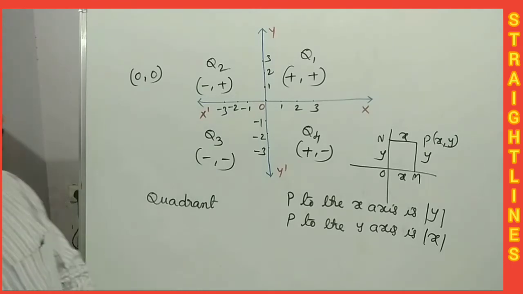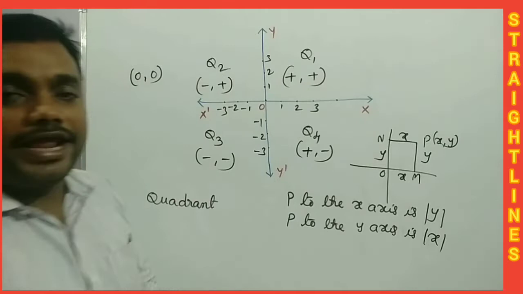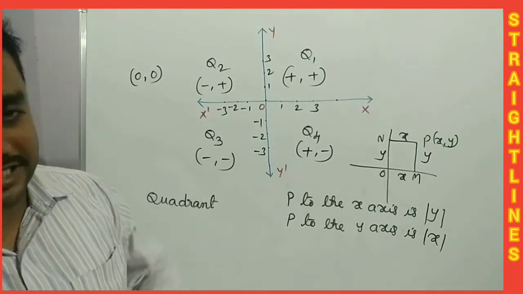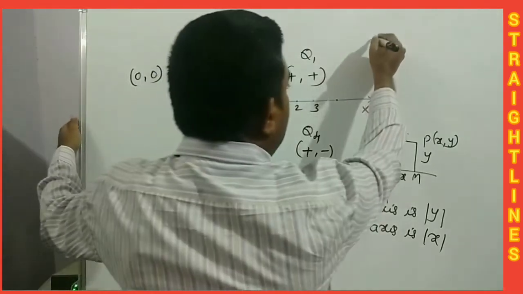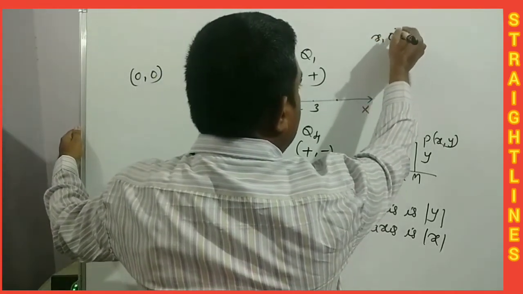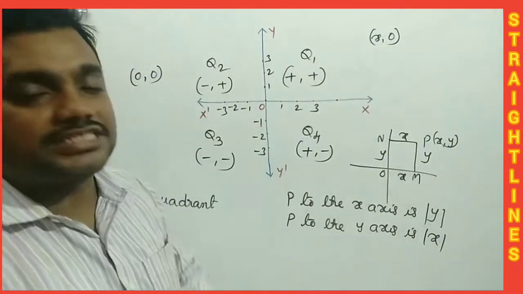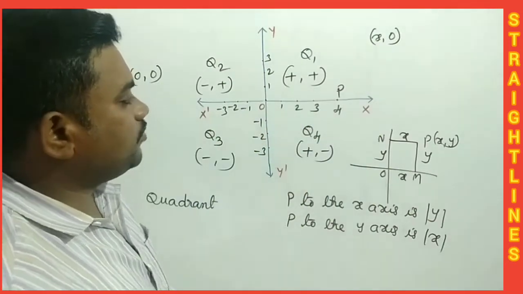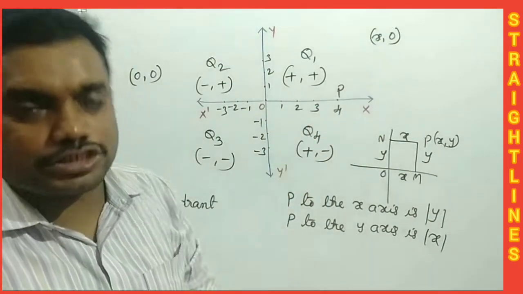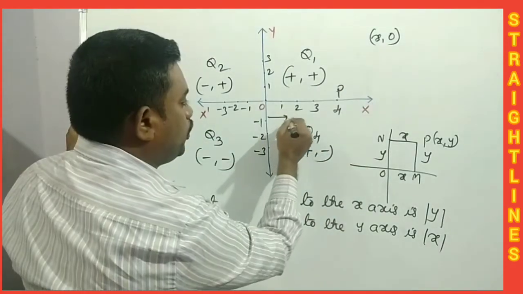Next, any point that lies on the x-axis has coordinates in the form (x, 0). Suppose this is the point P. P is on the x-axis, so the distance from P to the x-axis is 0.